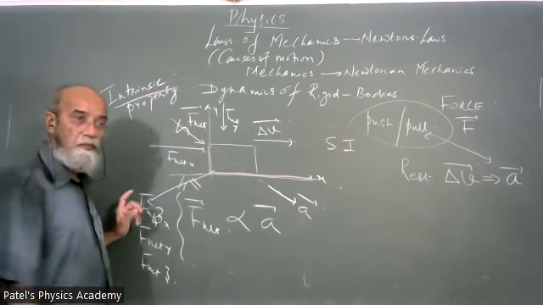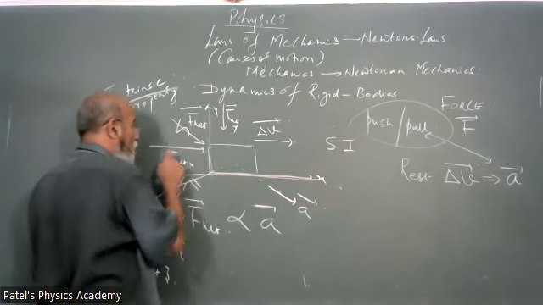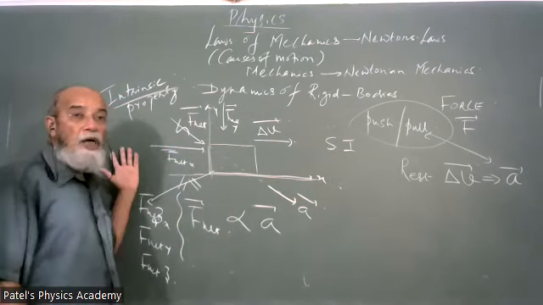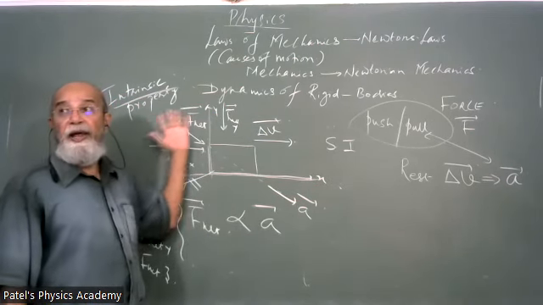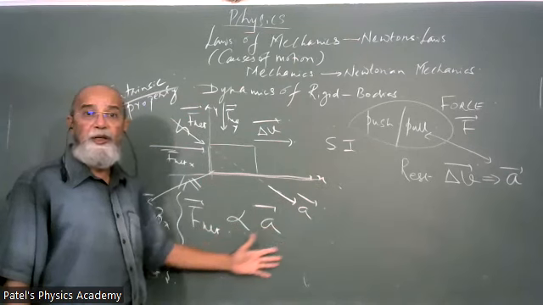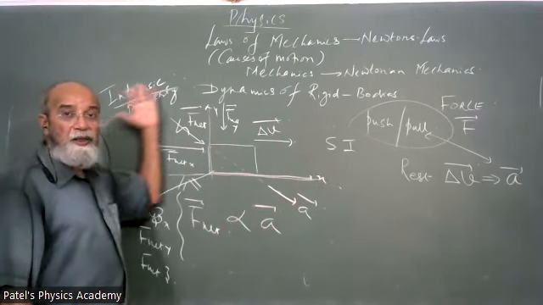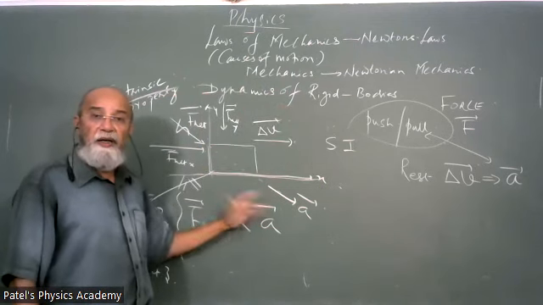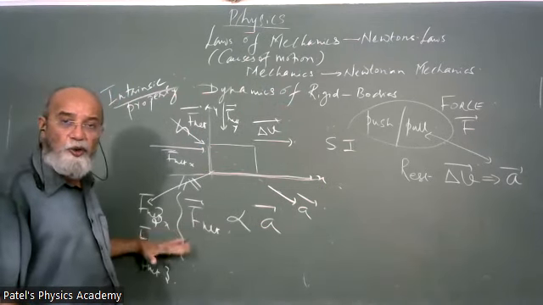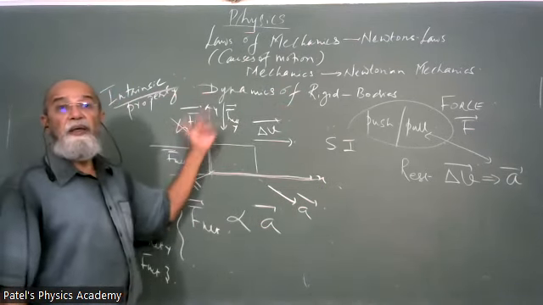Good, he says. Because I'm in a plane, this is a 2D diagram. It's not a 3D diagram, it's a 2D diagram. Then you can just resolve it into two components, x and y.